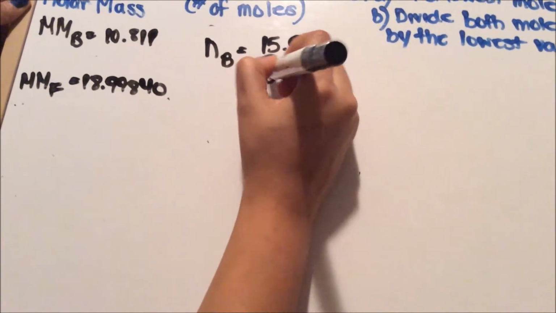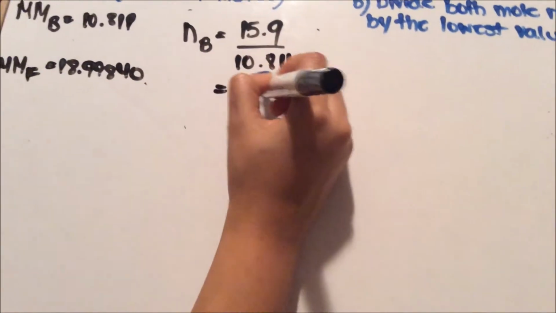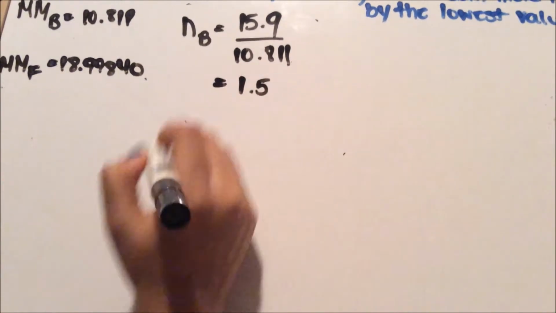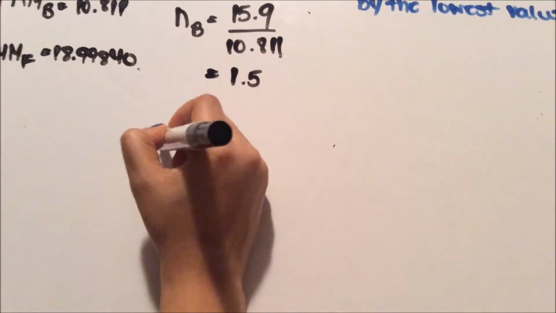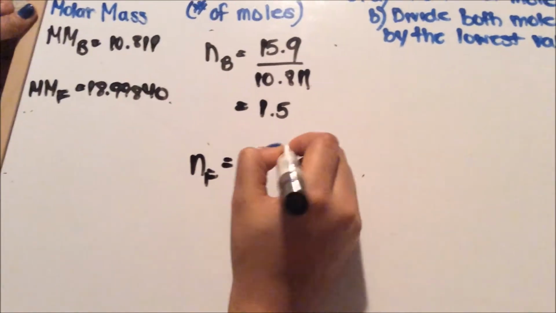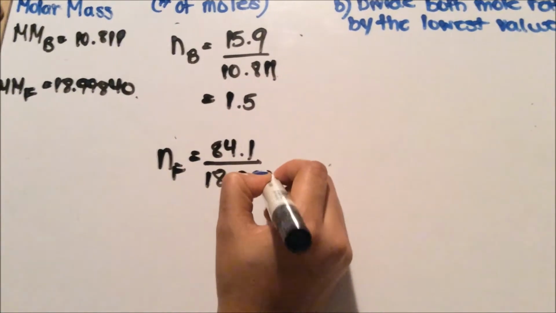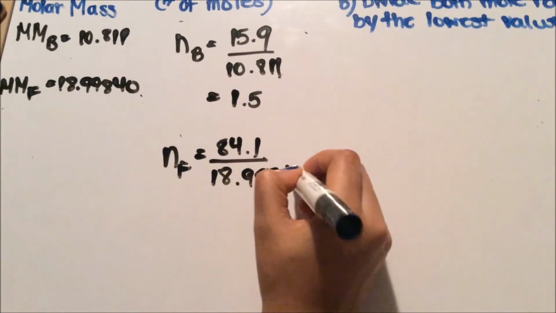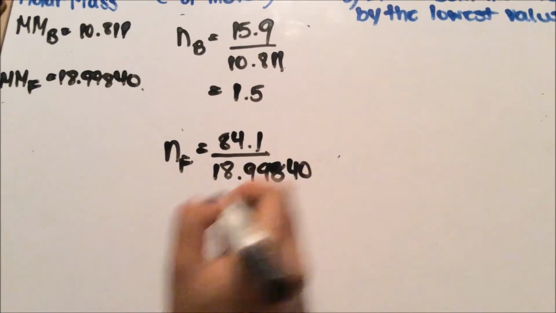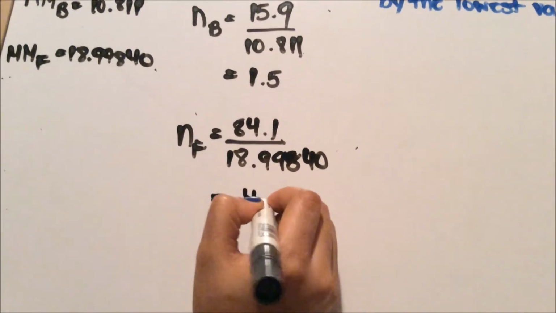Then we're going to solve for number of moles. 15.9 divided by 10.811 is equal to 1.5 moles. And then for fluorine, 84.1 divided by 18.99840 is equal to 4.4.